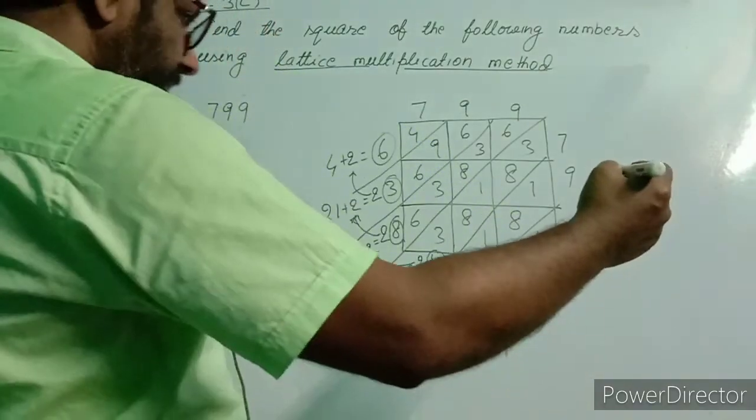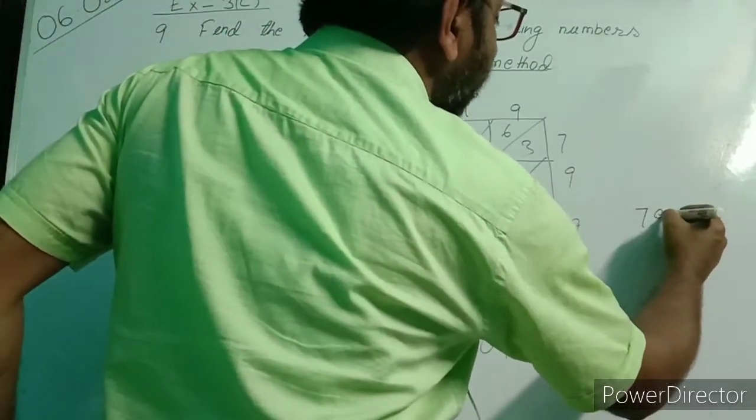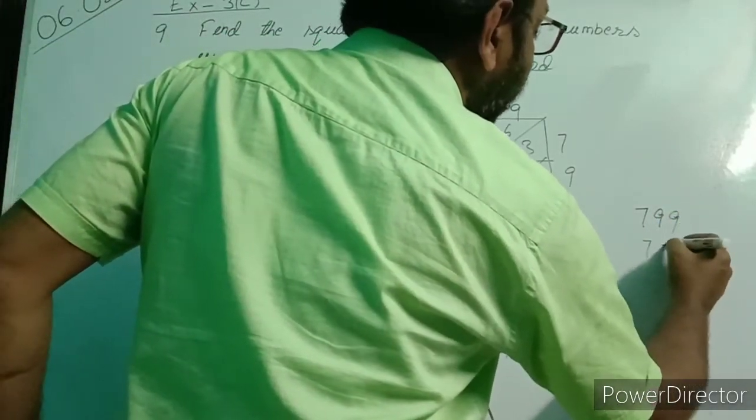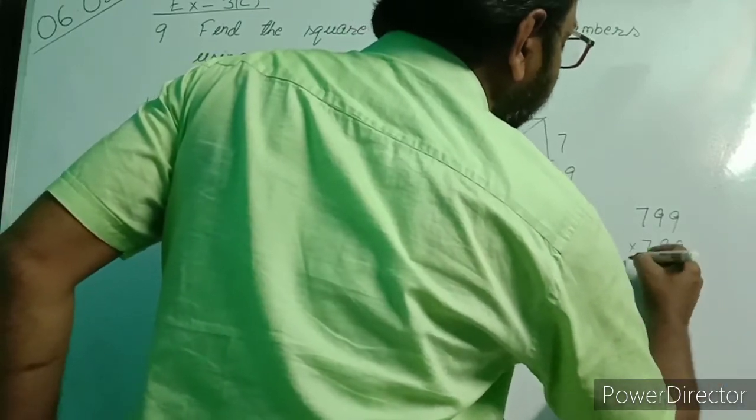Now for verification we multiply 799 twice. 799 into 799, what are we getting?